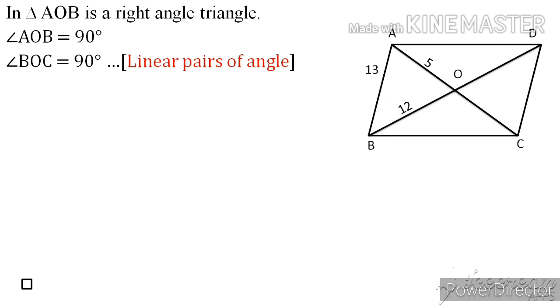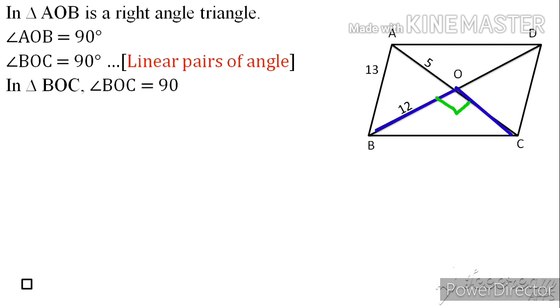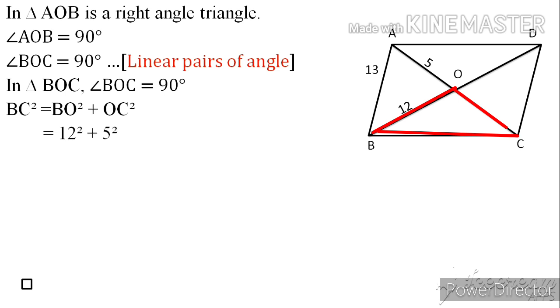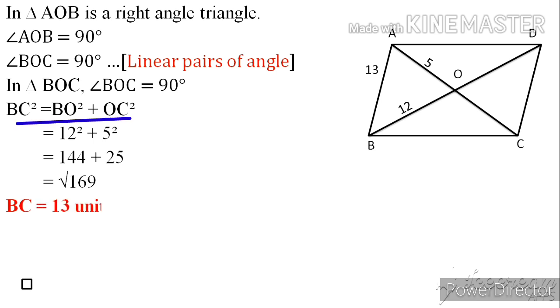Angle BOC equals 90 degrees because BOC is a linear pair of angle AOB. Now we will take triangle BOC. Angle O is 90 degrees, and the side opposite to 90 degrees is BC. Square of BC equals square of BO plus square of OC.